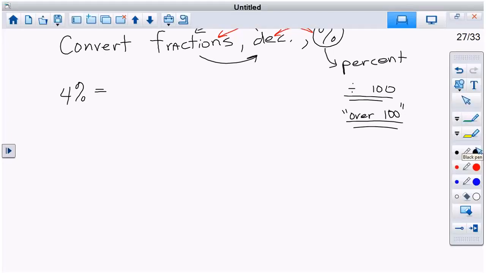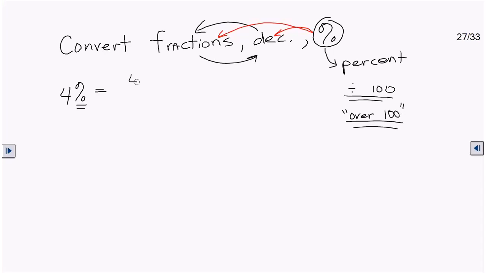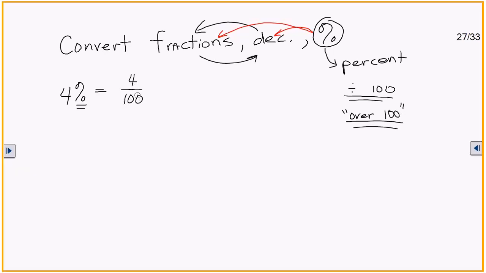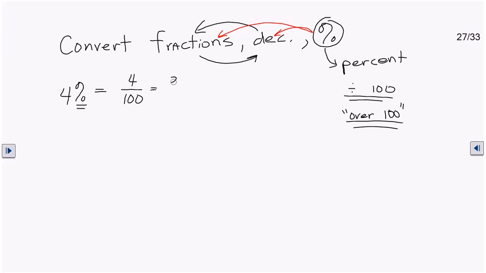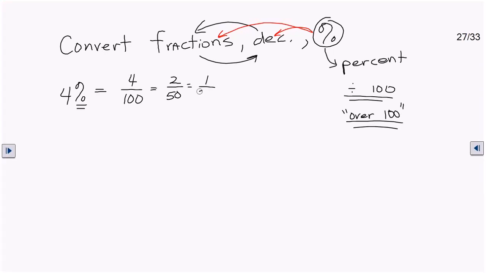So the first thing you do, when you see that percent symbol, you say, well, that's 4 over 100. Now you can leave that as a fraction and say, okay, well, 2 will go into 4 2 times, 2 over 50, and that's 1 over 25.